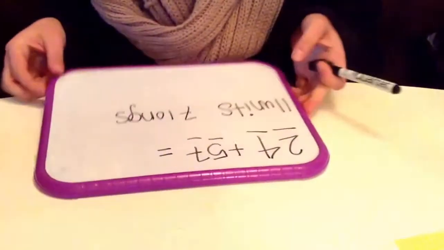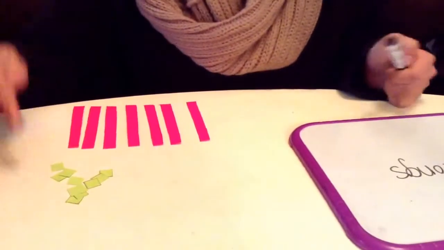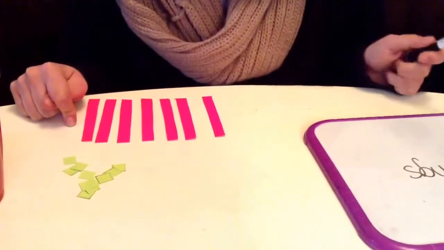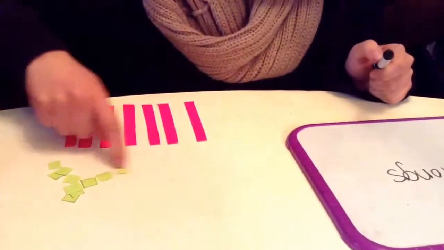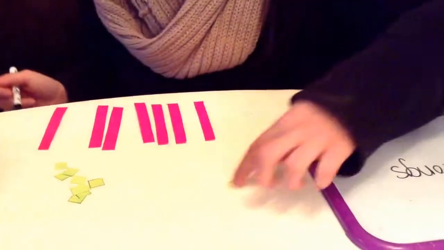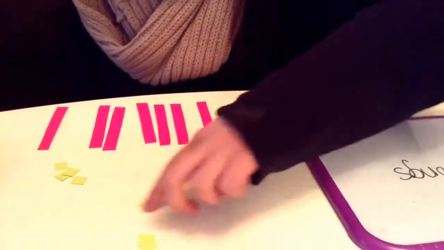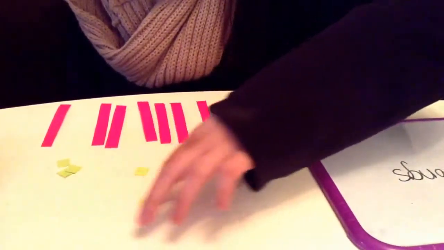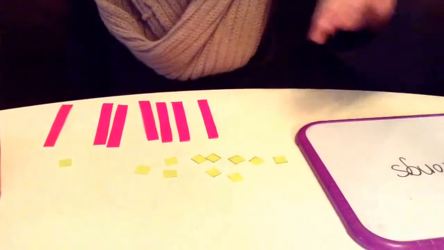So let's get back to our 11 units. Since we know 10 units equals 1 long, let's try to see if we can find 10 units and regroup it to get 1 long. So let's count it out. 1, 2, 3, 4, 5, 6, 7, 8, 9, 10.